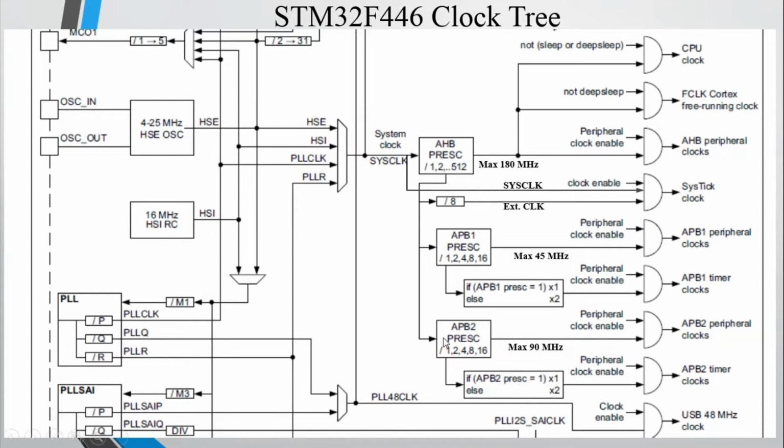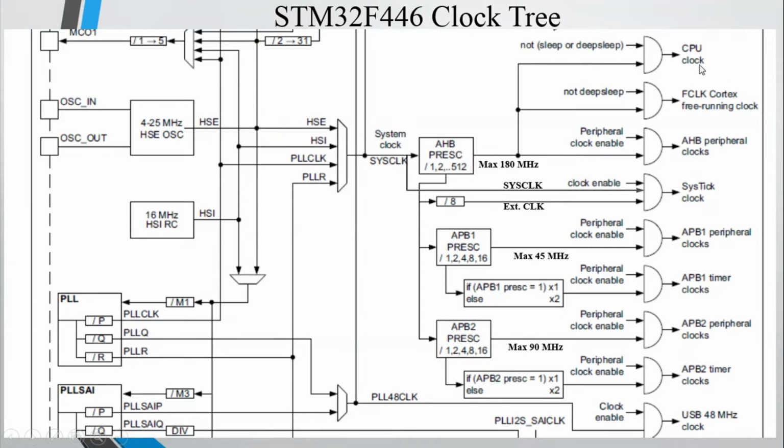APB stands for Advanced Peripheral Bus. There are a few peripherals, or system peripherals, which should operate at higher speed, and those will be connected to the AHB bus. Which are those peripherals or components connected to AHB?